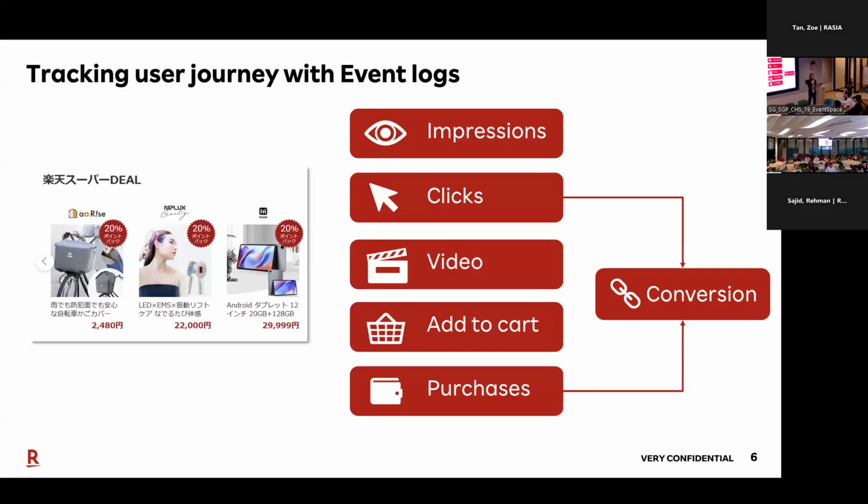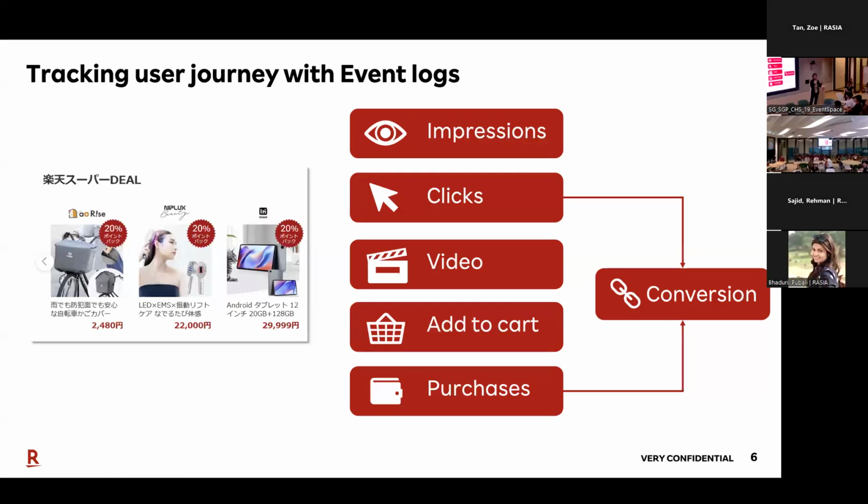So if the user buys something and before that the user has interacted with our advertisement, let's say through a click, we will try to pair them up together into a conversion. This would help us understand which ad actually led to the purchase itself, and help us measure the effectiveness of an ad campaign.